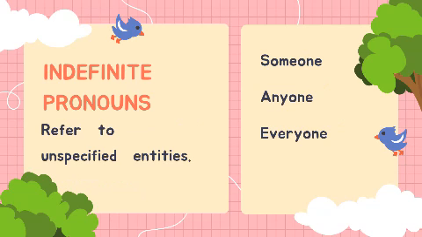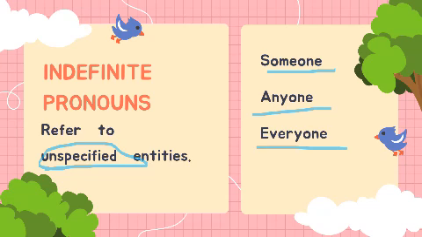So here comes the indefinite pronoun. In an indefinite pronoun, you are specifying a particular entity, but you don't know the specific amount. So it is unspecified. For unspecified entities, you could use someone, anyone, everyone.